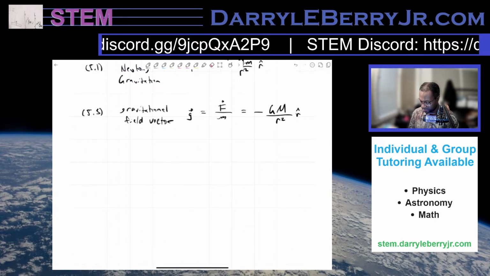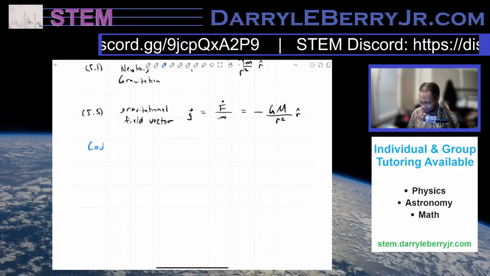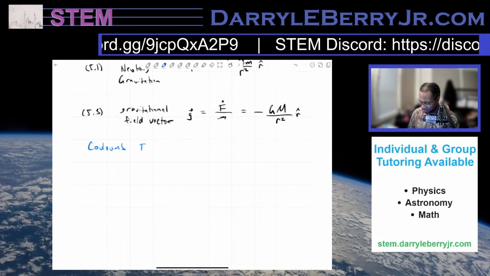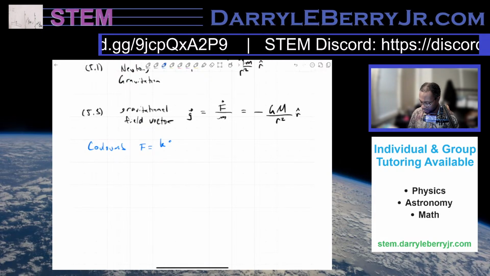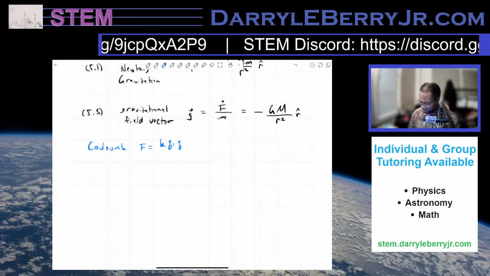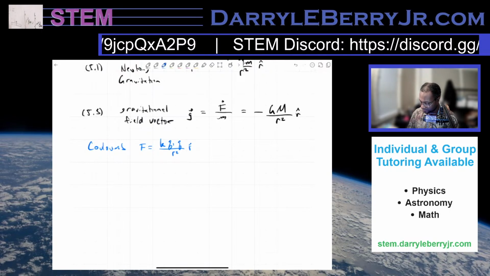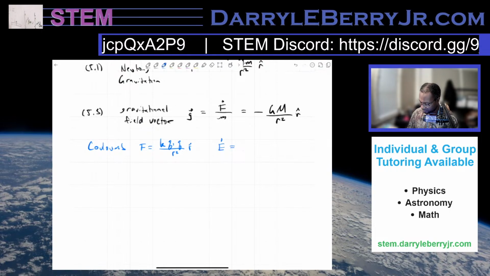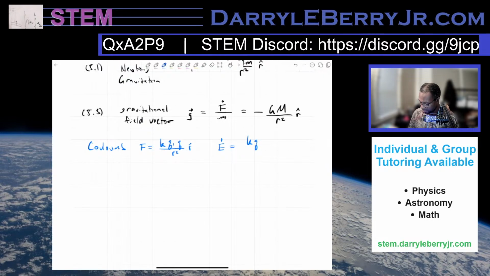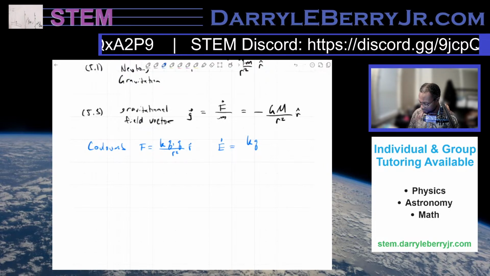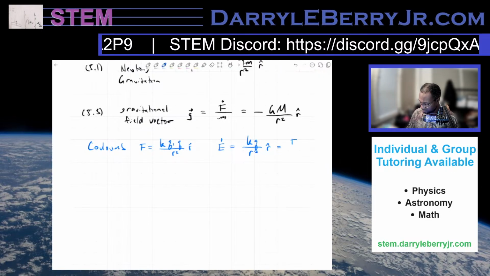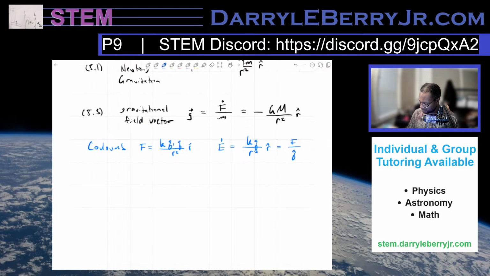To be sure what I mean, if you go to Coulomb, F equals k Q1 Q2 over r squared, and the electric field equals k Q over r squared r hat, which equals F over Q1.